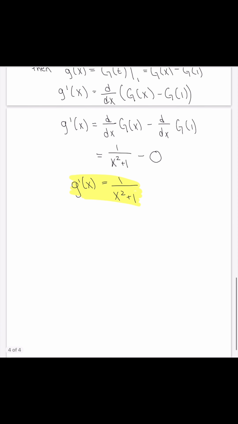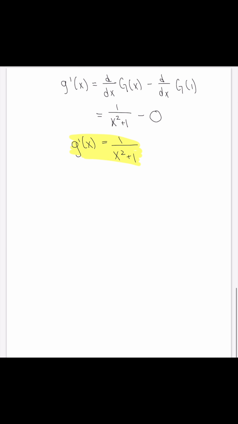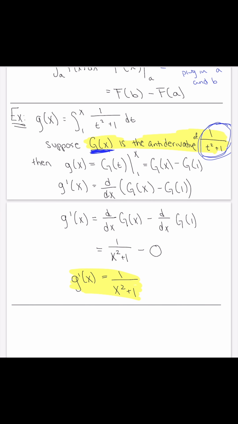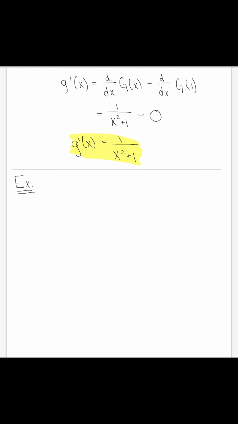Okay, let's do one more example like that, because I know these examples are actually really simple, but it takes a little bit of getting used to. The key thing is that if you have a number as your lower bound and x as your upper bound and you're finding the derivative of the antiderivative, all you have to do is change the variable. So we're going to find the derivative of the integral from x to 4 of the square root of t cubed plus 5 dt.